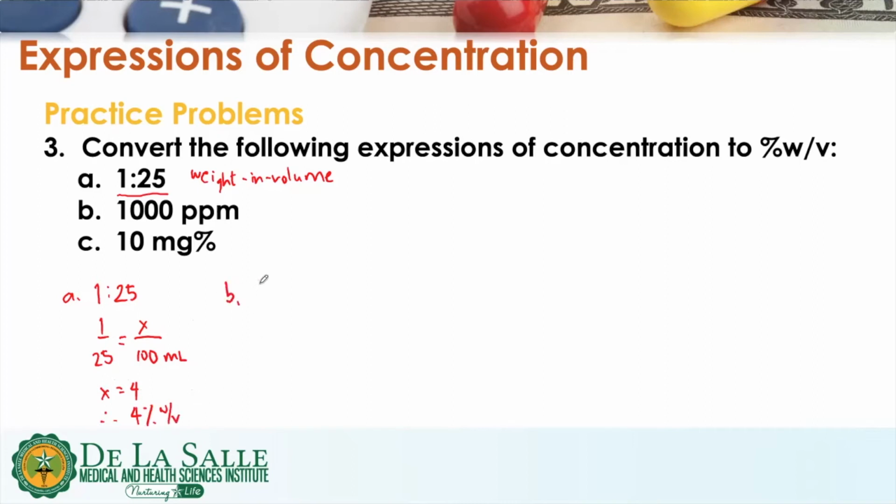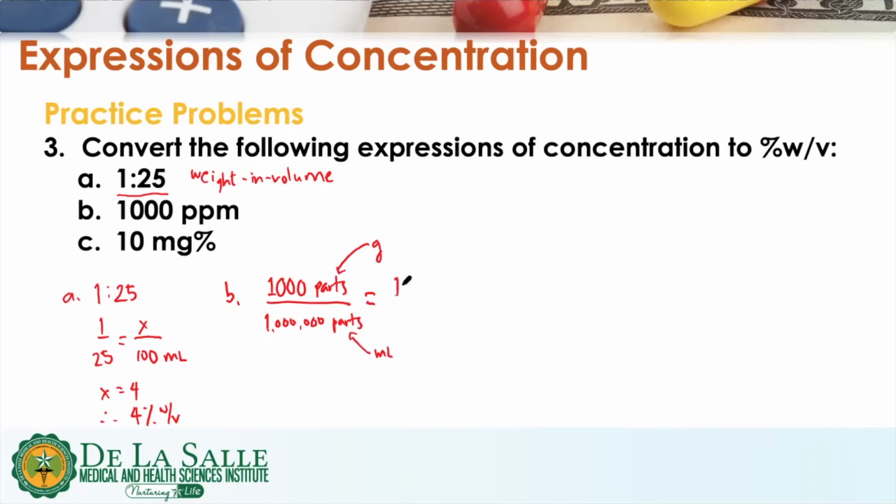Now, for 1000 ppm, how do we convert this to percent weight in volume? Remember that ppm means parts per million. So, in this particular concentration, there are 1000 parts of the solute per 1 million parts of the solution. Now, we can convert this to grams per milliliter.